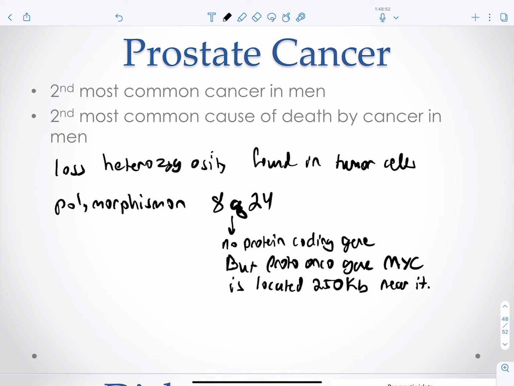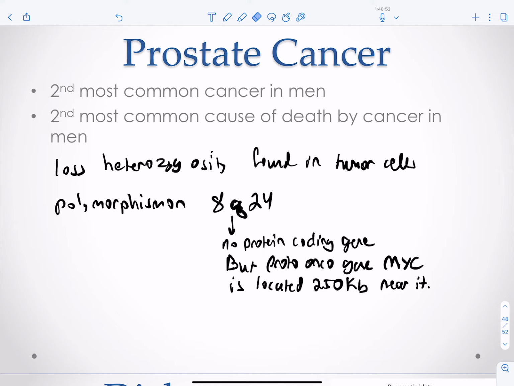Prostate cancer is going to be the second most common cancer in men, and also the second most common cause of death in men. Lung is, of course, first. What's interesting about prostate cancer is you have a loss of heterozygosity, which is found in the tumor cells. And this is different than most cancers. Most cancers are heterogeneous, meaning that they look very different. So this means that your tumor cells in prostate cancer are pretty homogeneous and look very similar.